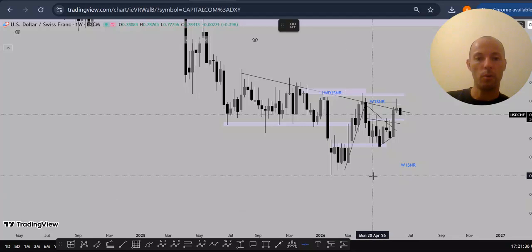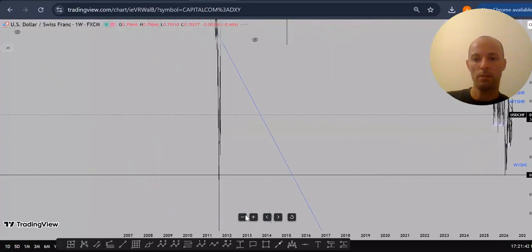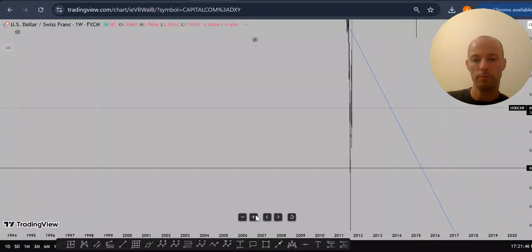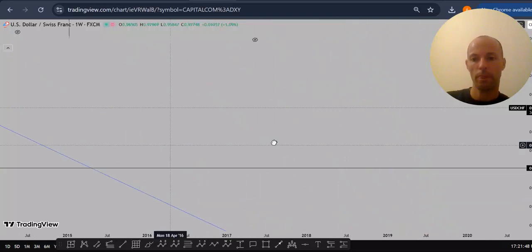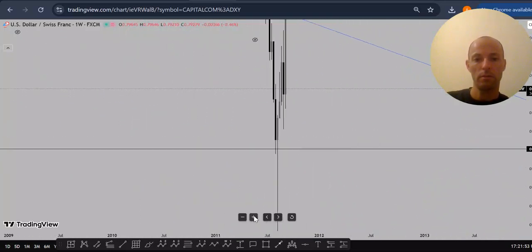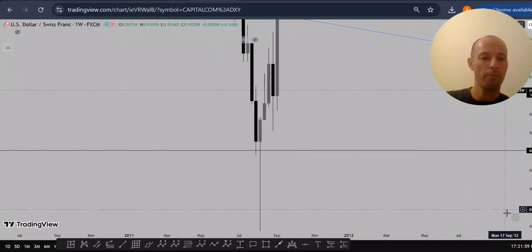We swept out liquidity from this level over here. So we have the liquidity resting below the bodies of the candles, all right?